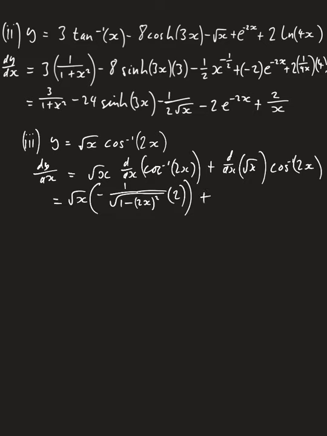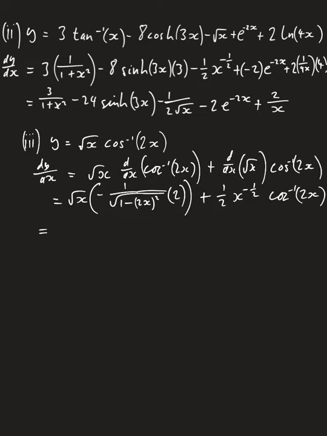Then the derivative of the square root of x, that's x to the power of a half. So it's just a half times x to the power of minus a half. We had that above. Times the inverse cosine of 2x. So now we just tidy this up.